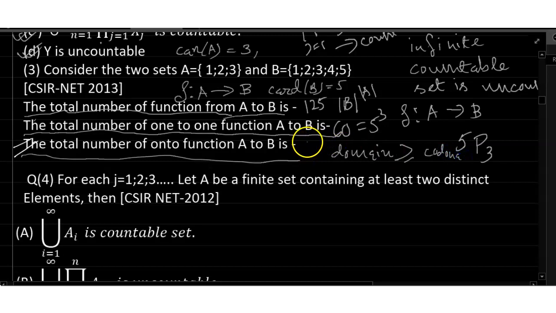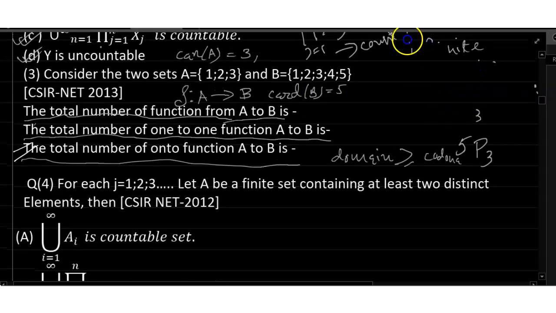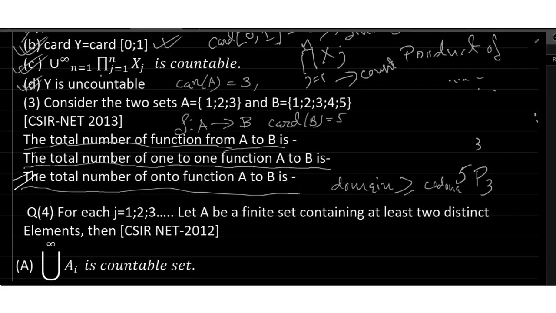But here we see that domain is smaller than codomain, so an onto function is not possible.